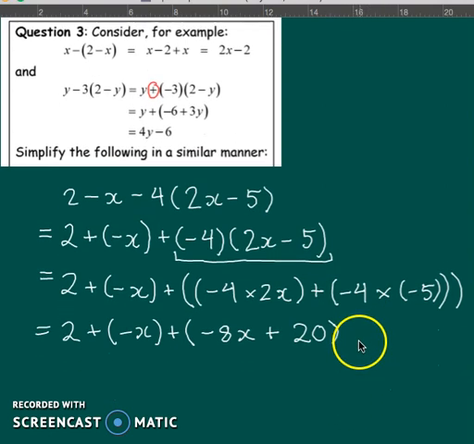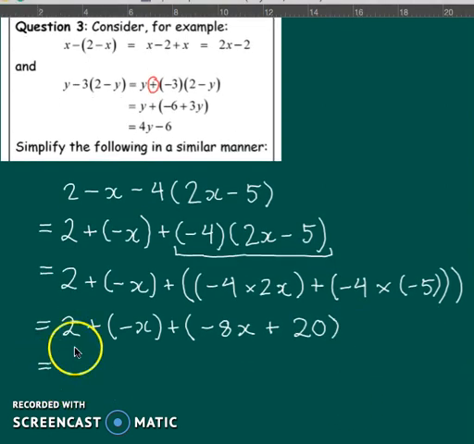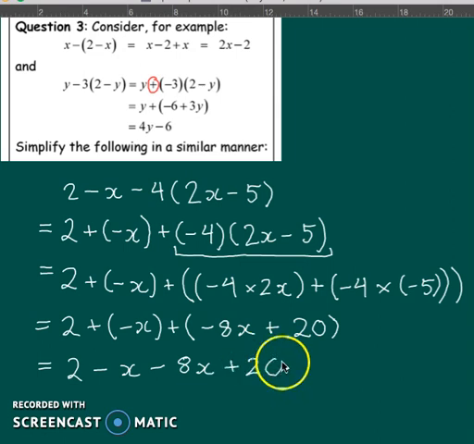Let's keep going. Now I can get rid of brackets. I can write this 2 plus negative x as 2 minus x. Plus negative 8x, I can rewrite as minus 8x, and plus 20, it's just plus 20, and then I can simplify.